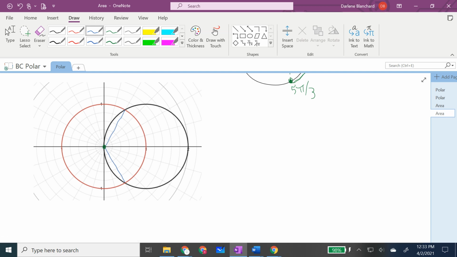You want to make sure you are aware that the black circle begins at negative pi over 2. And when you're inside both curves, you want to be thinking who is closest to the pole. If I begin looking from negative pi over 2, and I draw little spokes coming out, I hit the black circle first.